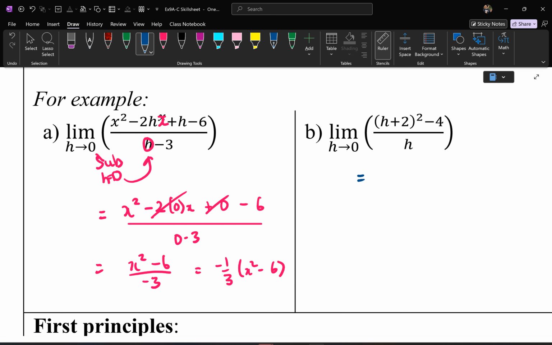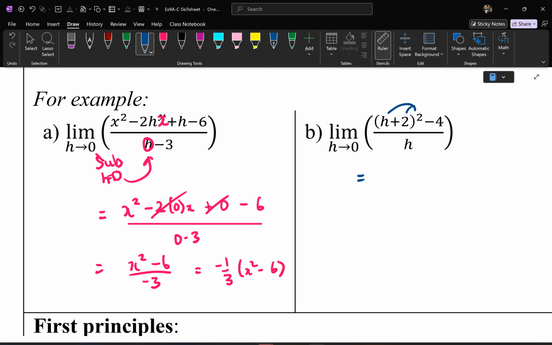how do we simplify this now? You got h plus 2 squared minus 4. Anyone got a clue? What are you going to do? As h approaches 0, what would you do? All right.